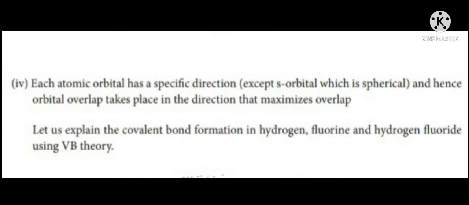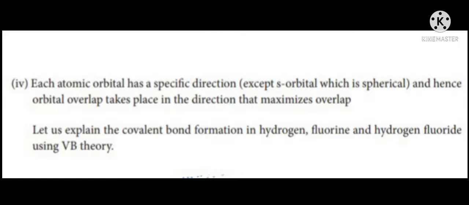Fourth point, each atomic orbital has a specific direction and hence orbital overlap takes place in the direction that maximizes overlap. Here, each atomic orbital has a specific direction except the s orbital, which is spherical in shape.